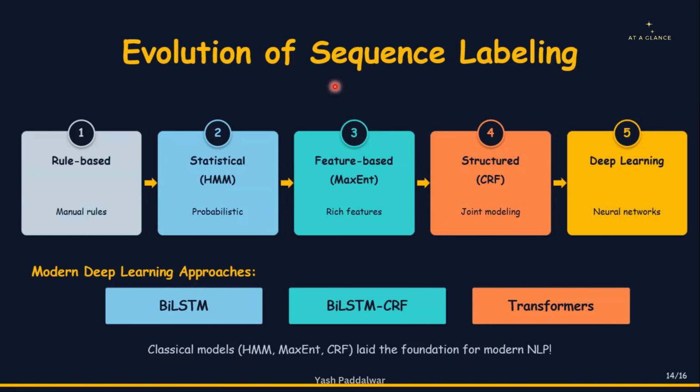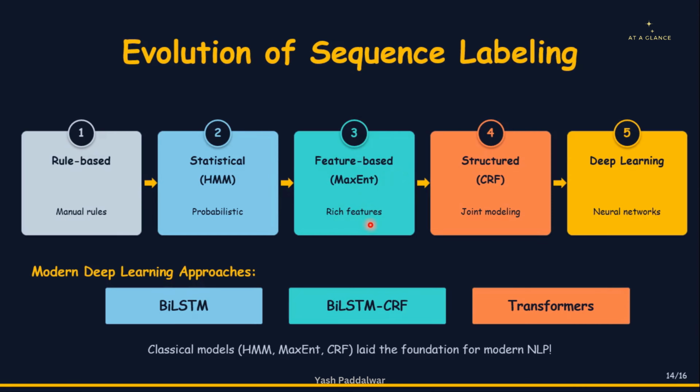Now, let's have a look at the evolution of sequence labeling, how it started and where it is now. So, first, rule-based approaches were used. Okay, manual rules were defined in here. Next came the statistical rules, wherein we use models like HMM. Okay, these models were probabilistic in nature. Next, we move to the feature-based modeling like Maxent, which we already have seen.